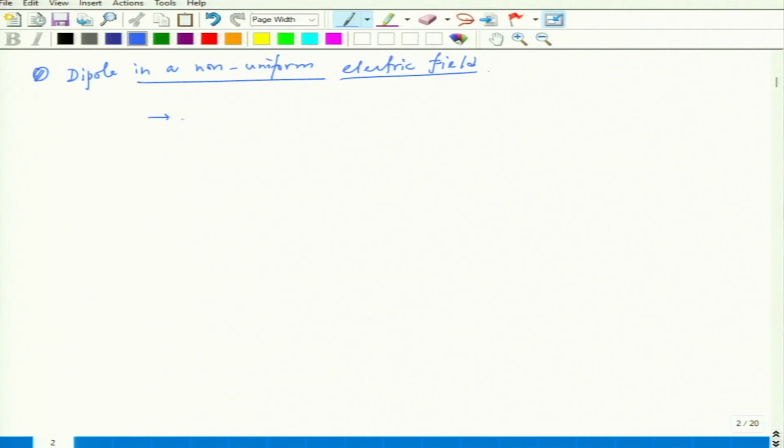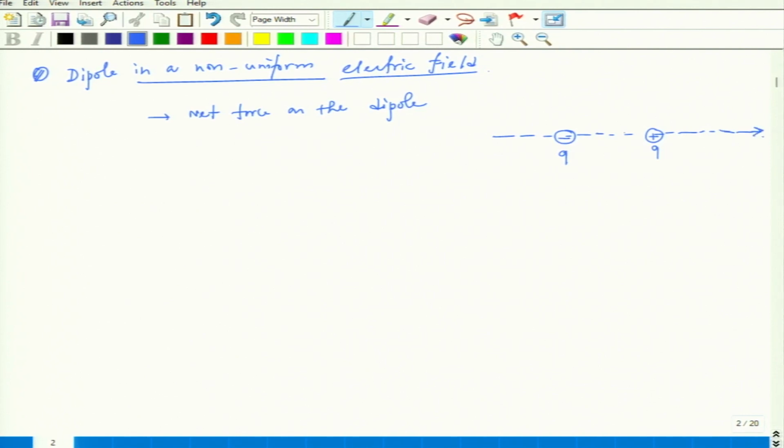So, first let us draw a picture. Let us consider a minus q charge and a plus q charge, both of equal magnitude because they form a dipole, placed on the x axis.